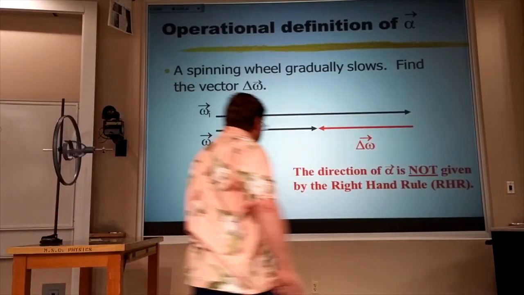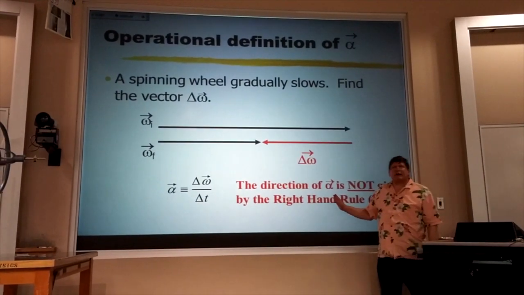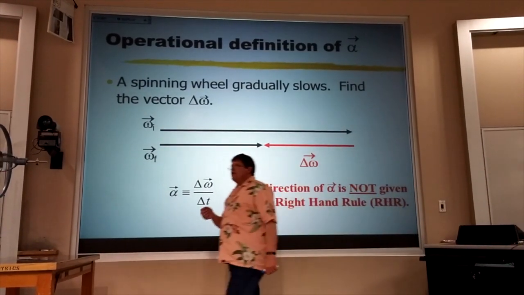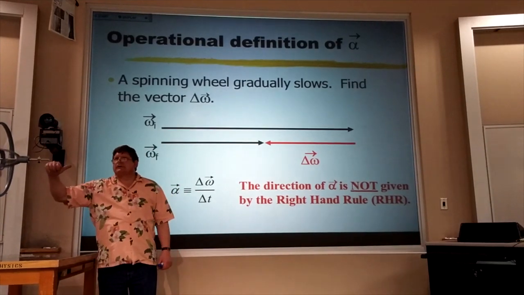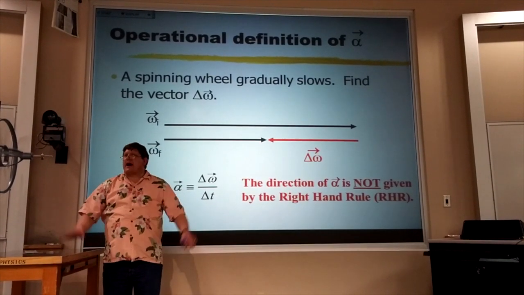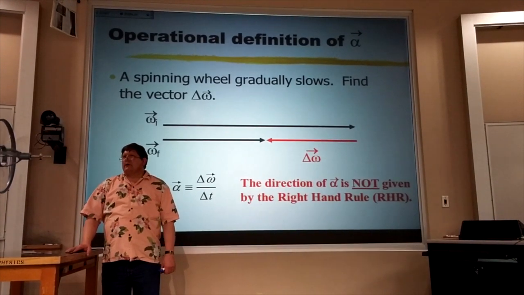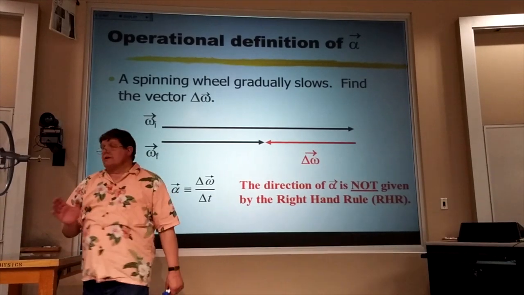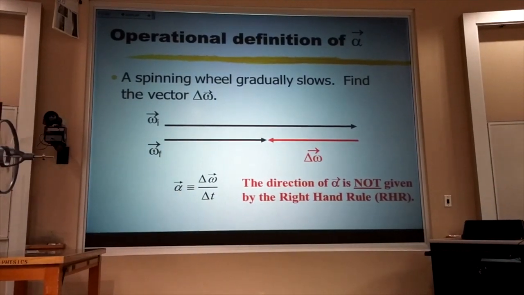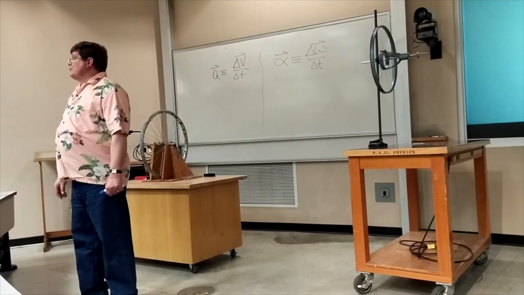Okay? Now, I want to caution you. The right-hand rule gives you the direction of the omega vector, period. Full stop. Nothing else. Some people learn that right-hand rule and they want to use it for everything on the final exam. They say omega's out of the page by right-hand rule.